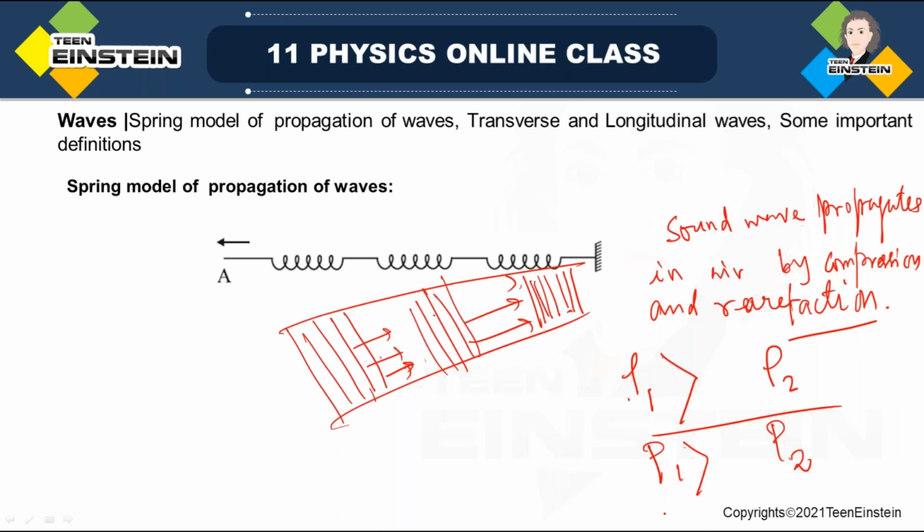This compression or rarefaction happens throughout the medium, and thus by compression and rarefaction the sound wave propagates in air. So we have understood how sound propagates. It is actually propagating by changing the pressure in the air.